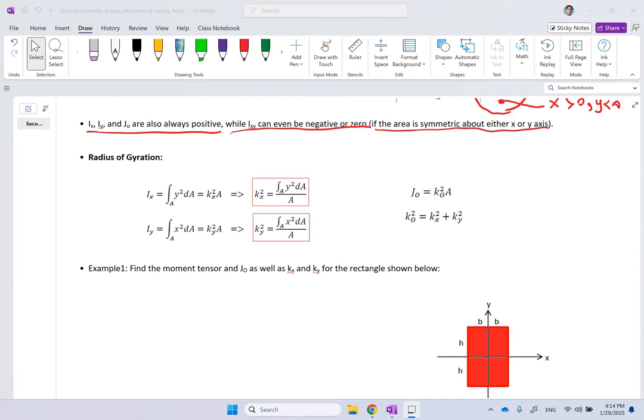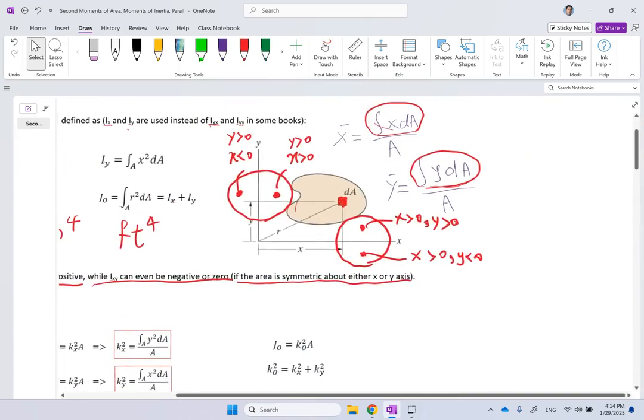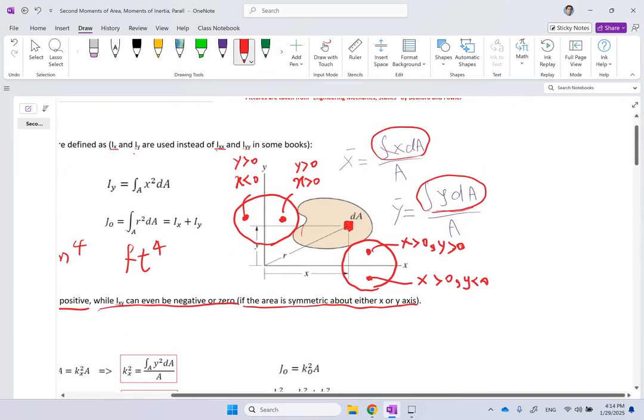Now, similar to the idea of centroid for first moments, we have a new idea called radius of gyration, or k, which is for second moments. What does that mean? Well, if you remember when we talked about first moment, what was the idea of centroid?